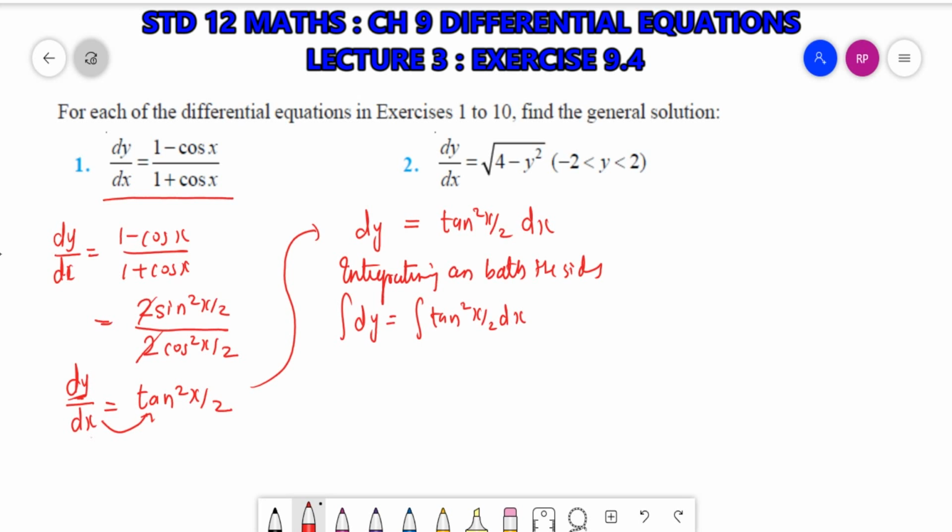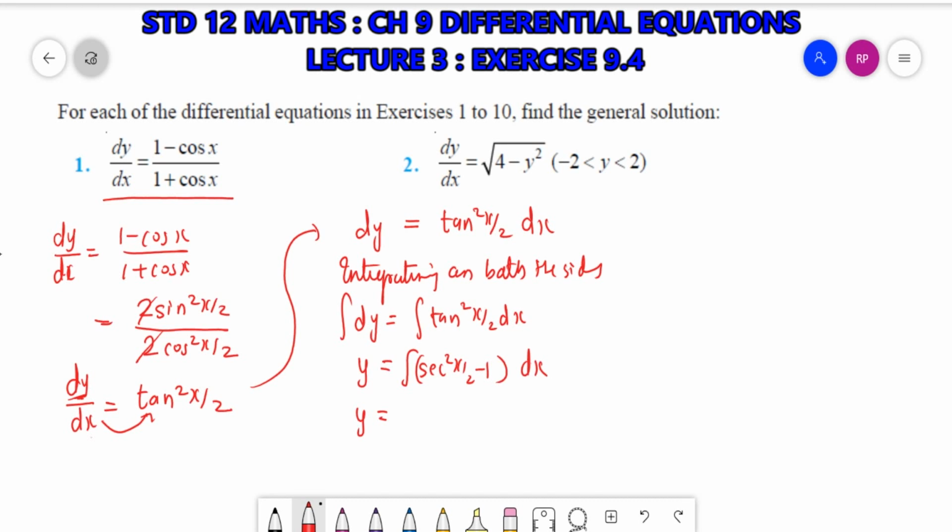So integration of dy will be equal to y, and integration of tan square x. What were we doing in integration for tan square? We are converting into sec square minus 1. So y is equal to integration of sec square x by 2 minus 1 dx.